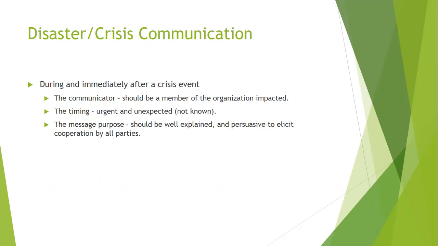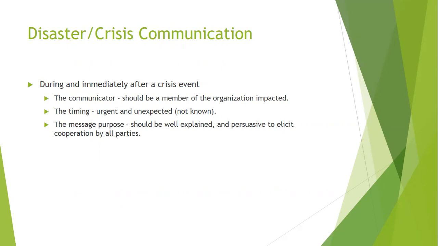The risk communication process, as we would have seen, would have been part of the planning process that takes place before, in preparation for a crisis. Now, some preparation and planning would also have had to take place for crisis communication, but the implementation of this happens during and immediately after the crisis event.